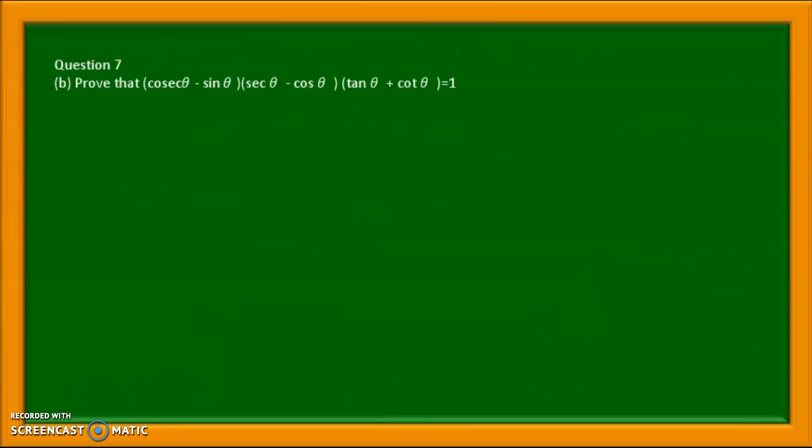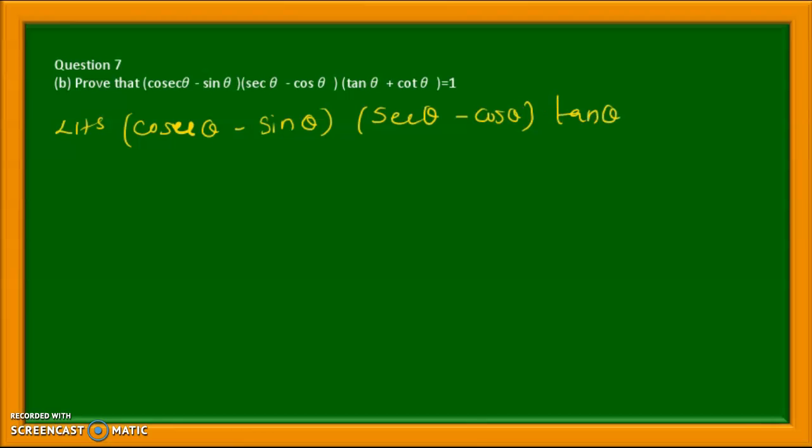So that is understood well. Let us check the next question here. Question 7, option B: prove that (cosec theta minus sin theta) into (sec theta minus cos theta) into (tan theta plus cot theta) is equal to 1. So let us start from the LHS, which is (cosec theta minus sin theta) into (sec theta minus cos theta) into (tan theta plus cot theta).